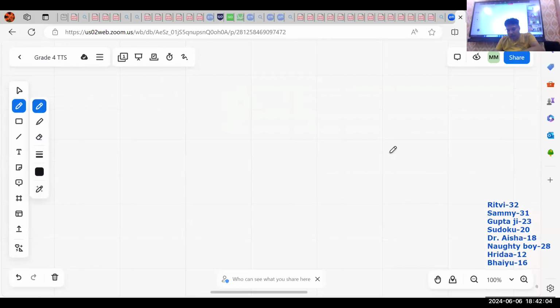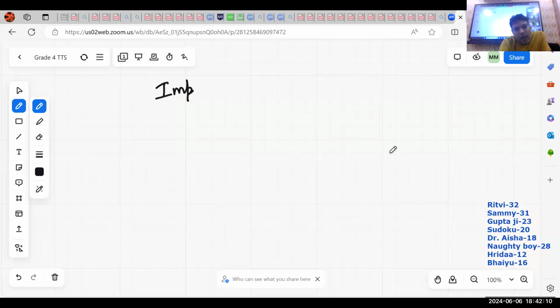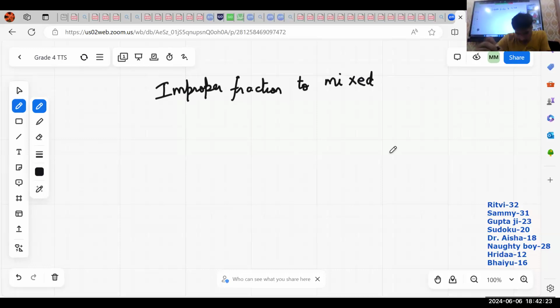Now if we have an improper fraction, I can convert it into mixed. So how do I convert? Let me give you an example. I have 7/4.